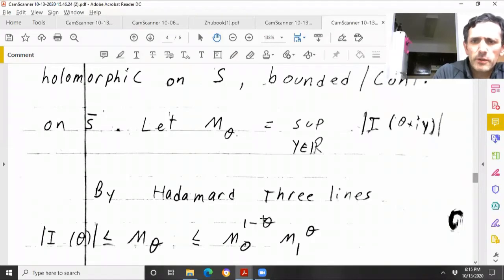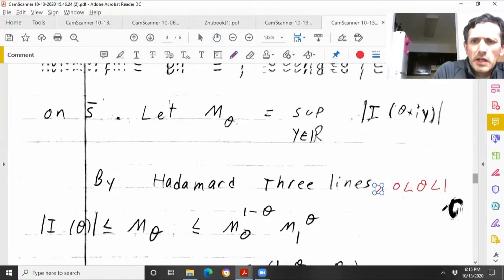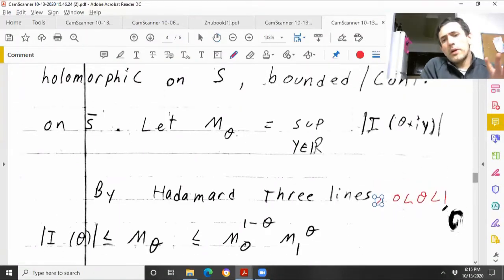That's going to be less than or equal to m0 to the 1 minus theta, m1 to the theta, and again, theta is between 0 and 1. So I claim that we're basically done. I claim that Hadamard's three lines theorem basically proves it.